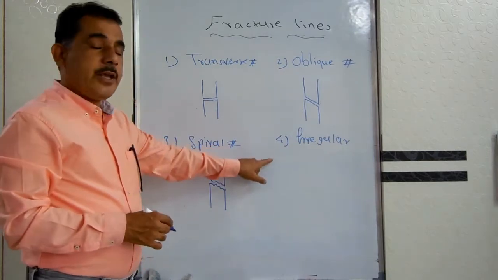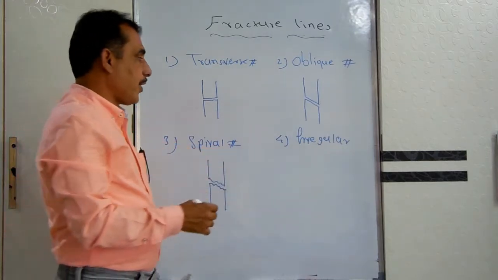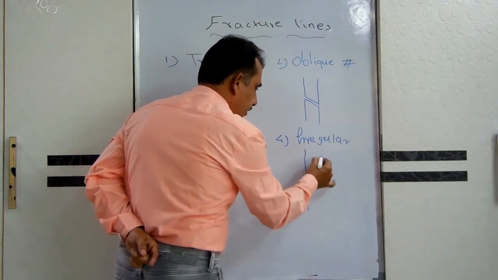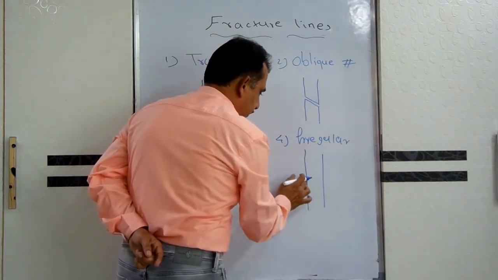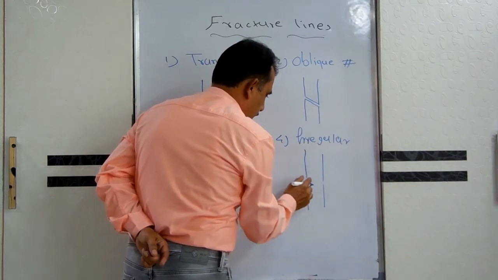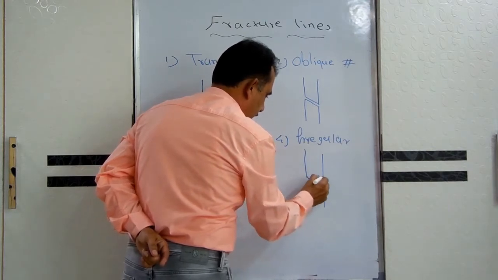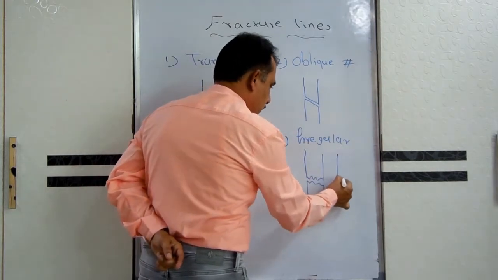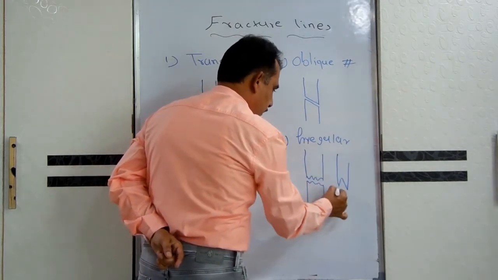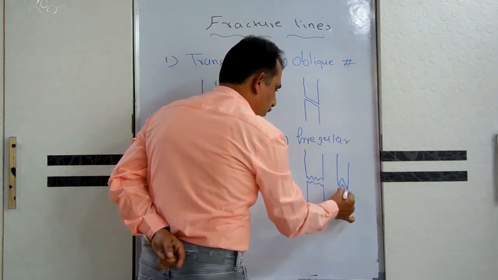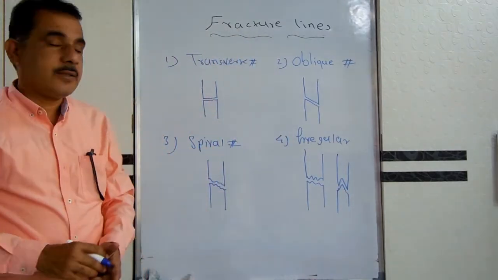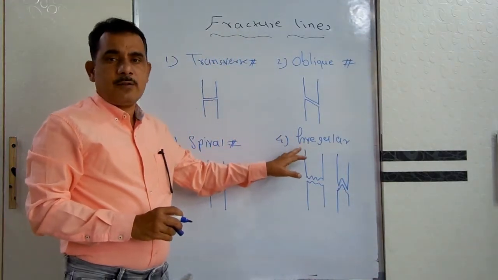And the fourth one, irregular fracture. In the irregular fracture, the line of the fracture is of any kind. It may be like this also, or it may be like this also. It means there is no definitive pattern of the fracture line. Then this is called an irregular fracture.